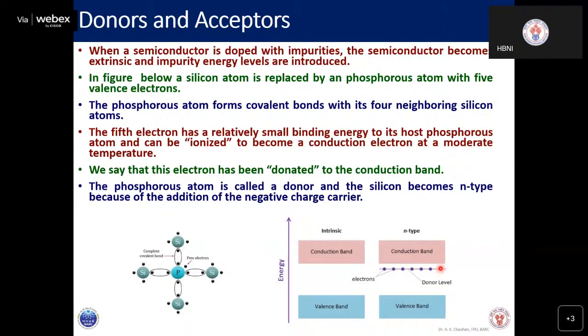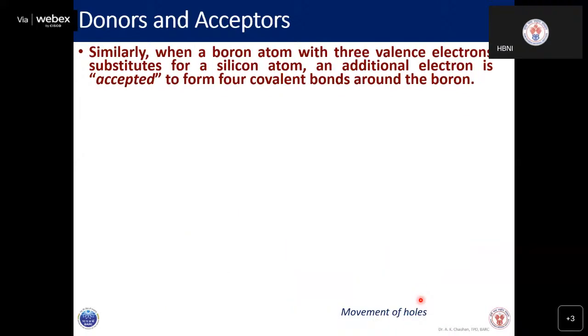Since a very small amount of impurity is added, it will not be a continuous line, but there will be small localized lines. So by adding phosphorus, or adding some N-type pentavalent material, you are adding certain levels here, and this is the typical band structure of an N-type semiconductor. N-type semiconductor is obviously an extrinsic semiconductor.